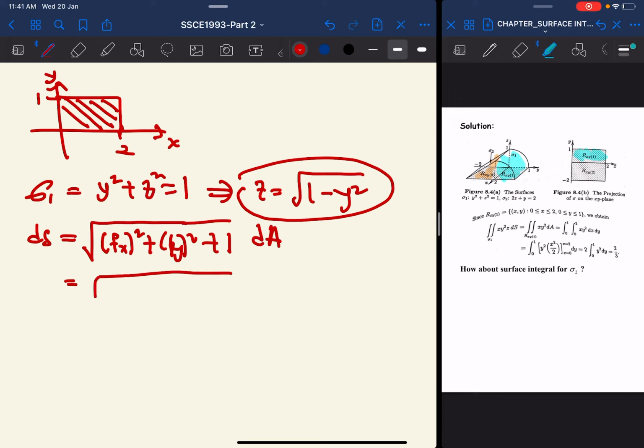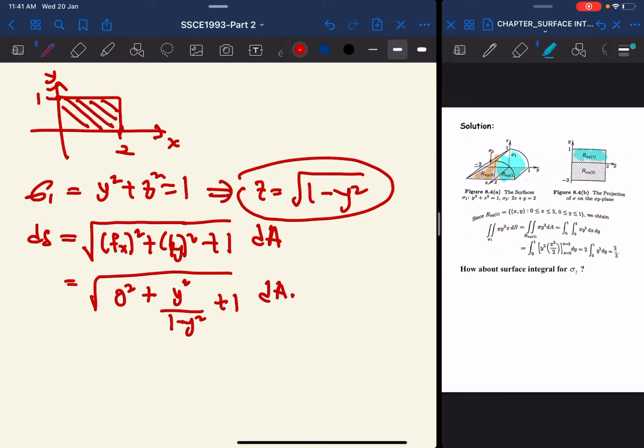And for y, if you differentiate this with respect to y, you will get y squared divided by 1 minus y squared, and then plus 1, dA.